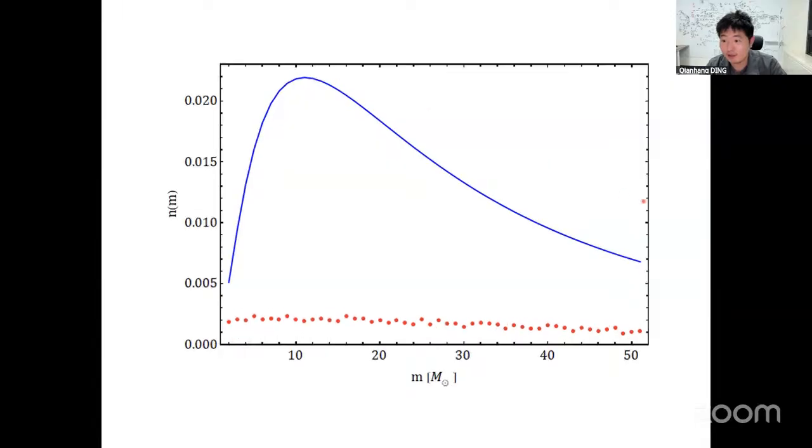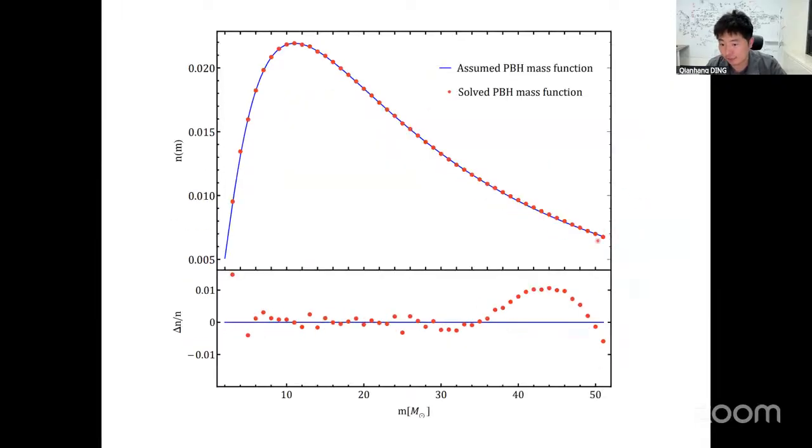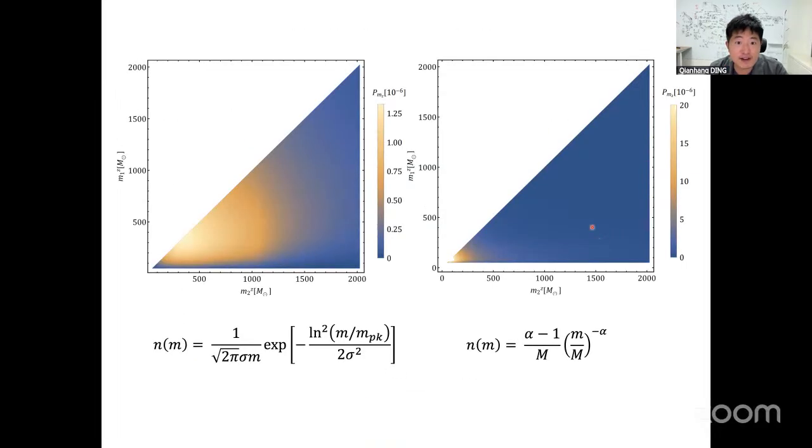However, for 50 solar mass PBH at redshift 0, the redshift mass is 50. But if we observe them at redshift 100, the redshift mass is 5000. So here you can find that 5000 is around this kind of distribution where the probability is very, very low.